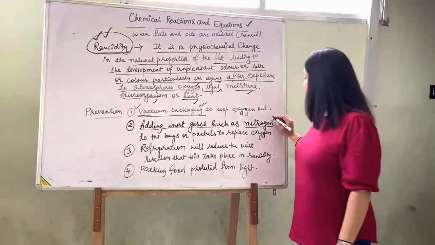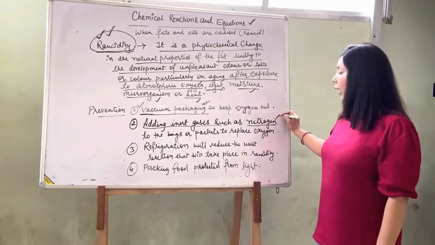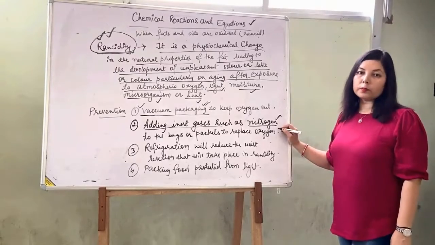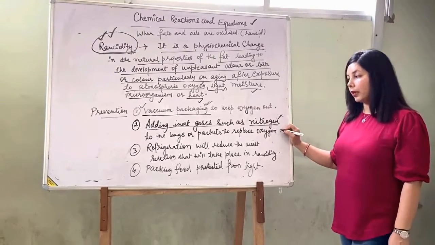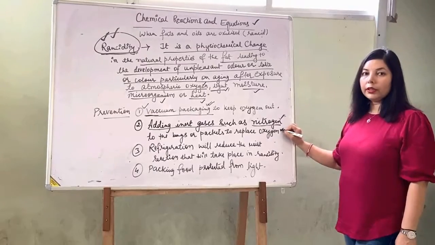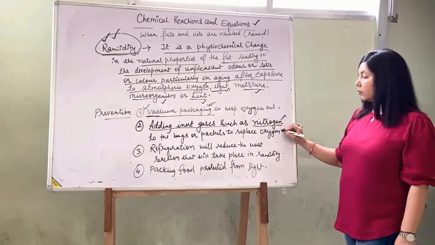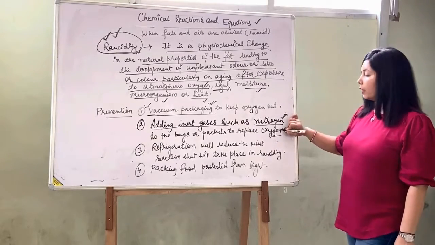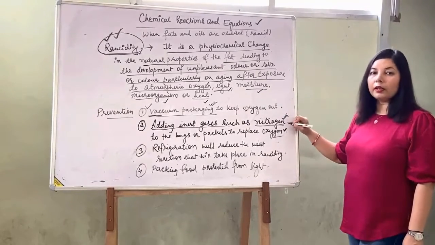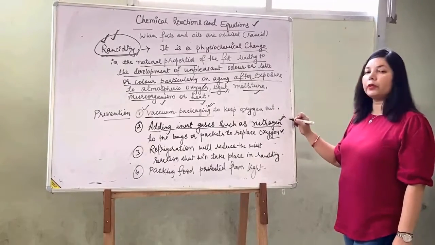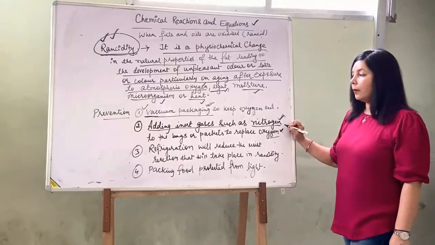So nitrogen acts as an antioxidant and it protects the materials packed inside those packets from becoming rancid, and it also replaces the oxygen which was there. So once we remove the oxygen and add nitrogen, it becomes free from oxygen and other gases that are present in the atmosphere, and thus it is protected from becoming rancid.